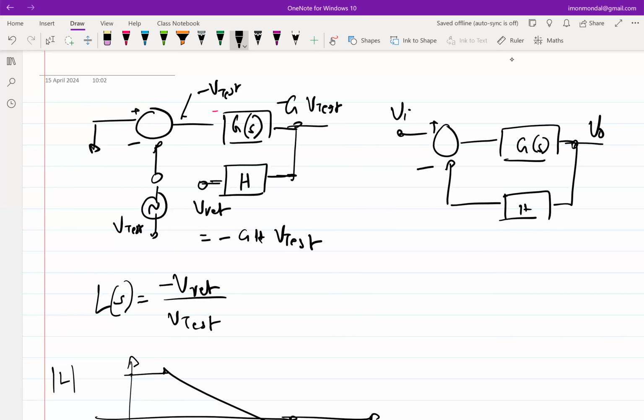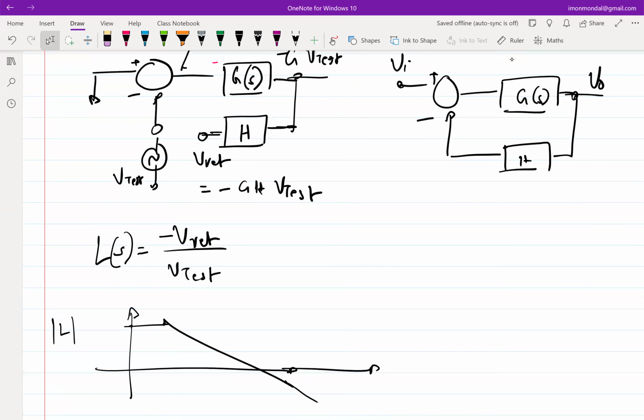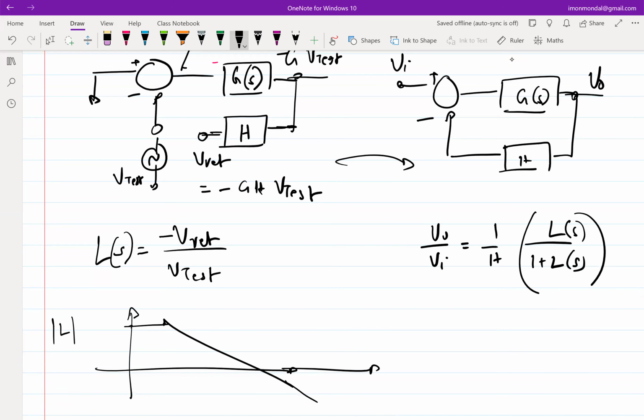So the whole purpose of going by this loop gain thing from here to there is because if you have a higher order L of S, then it becomes difficult to find out the roots of V naught over Vi in a closed loop system. So in the closed loop system, this can be written as this.